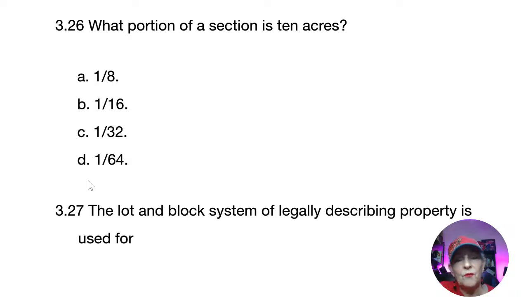Since there are 640 acres in a section, and I should probably show you this because otherwise it's really confusing.